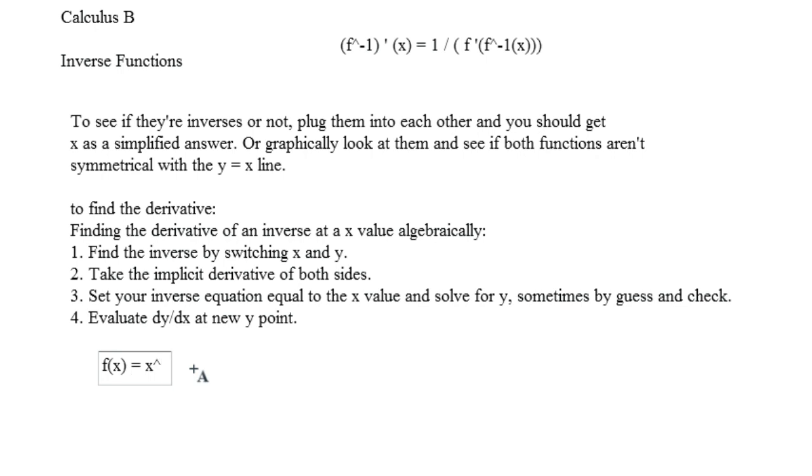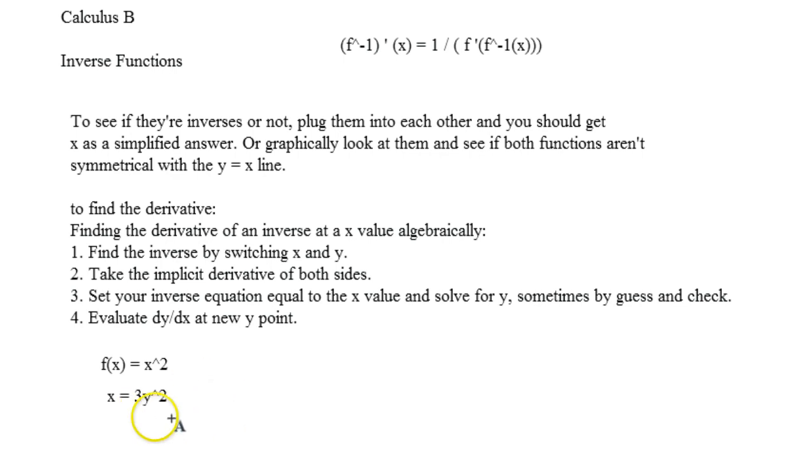was 3x squared real fast. Okay, so what I would do is switch them. I would say x equals 3y squared. I'd switch x and y, so that would be the inverse.